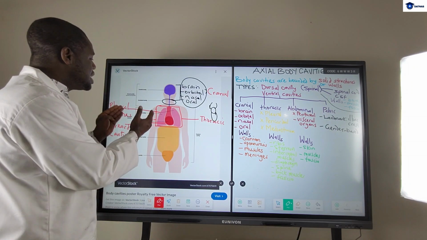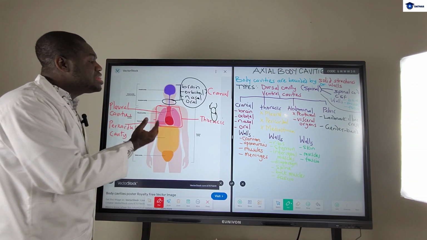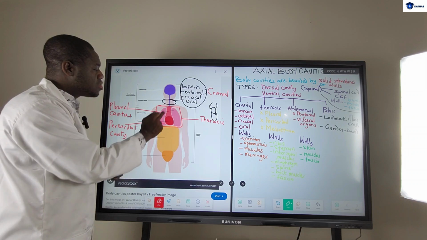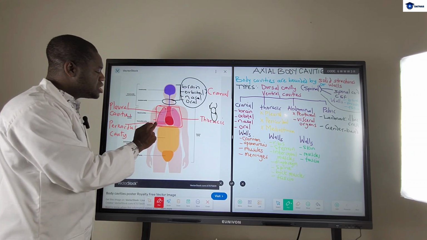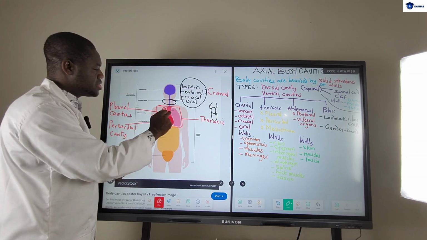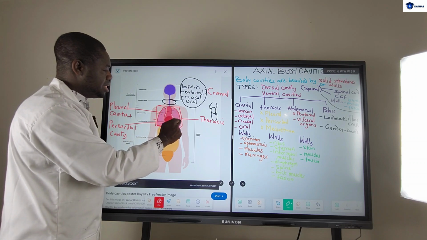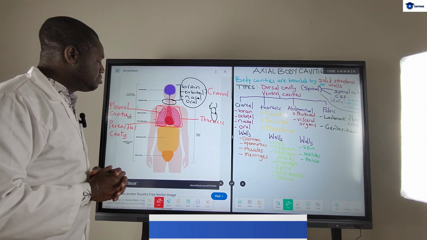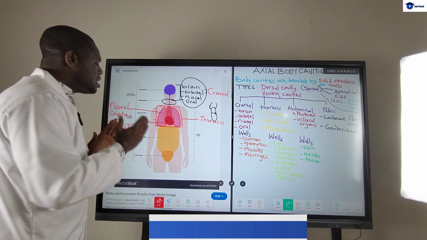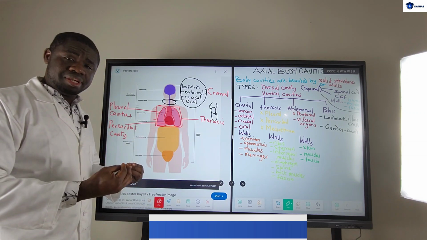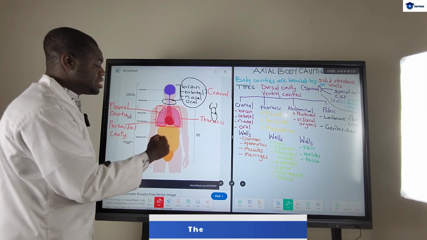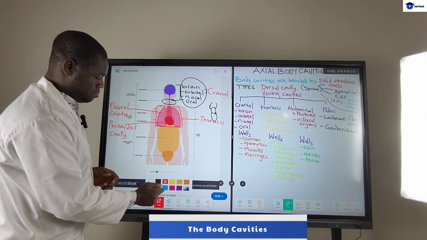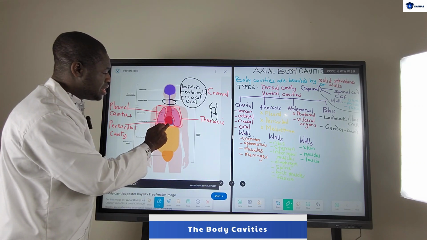The pleural cavities are the cavities within the thoracic cavity that house the lungs. They house the lungs. They protect the lungs. And the pericardial cavity is a cavity within the thoracic cavity that houses the heart. It houses the heart.